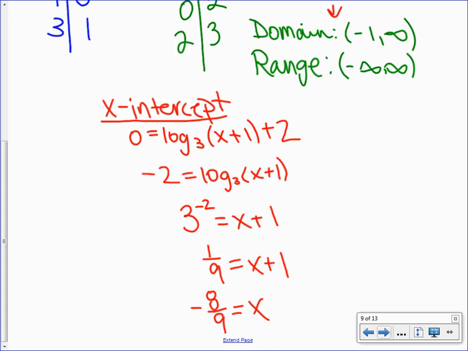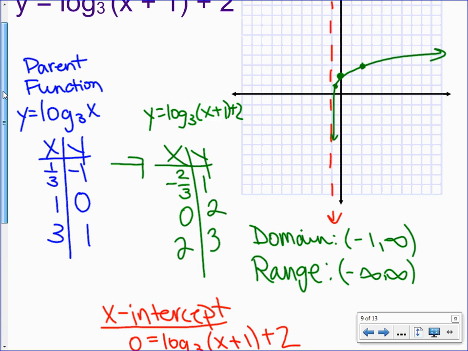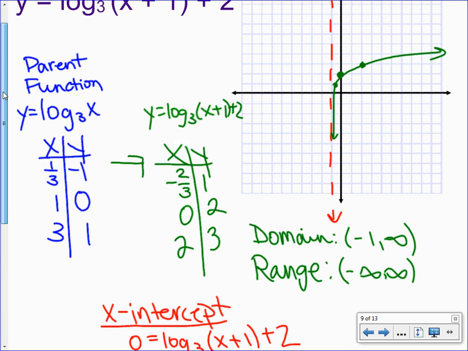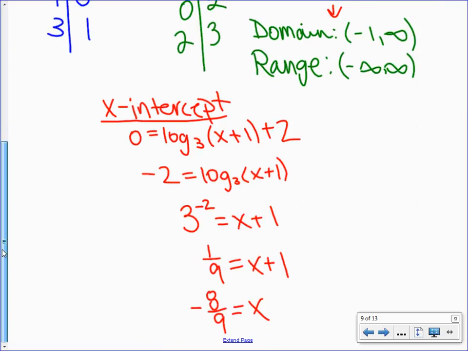Now, I'll come back. Does that look about right on our graph? It's getting pretty close to that negative 1 asymptote. So our x-intercept is at negative 8/9, 0. So you will have to find those x-intercepts when you graph in your homework tonight.